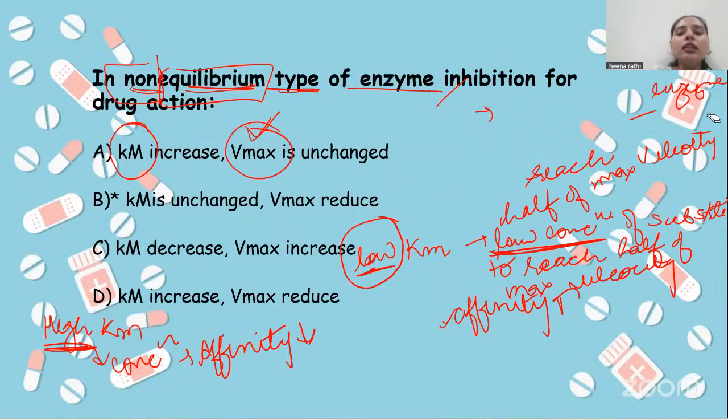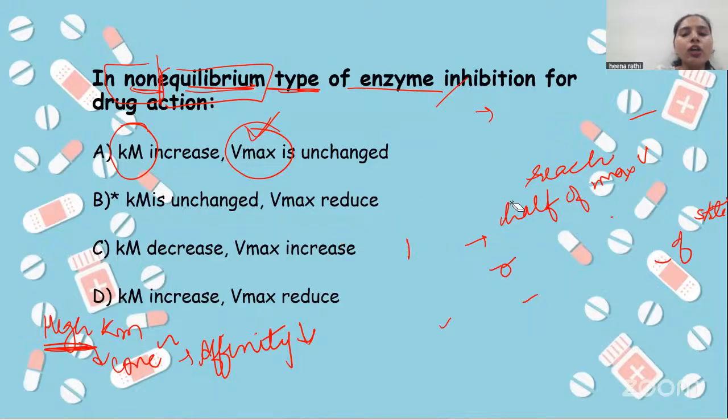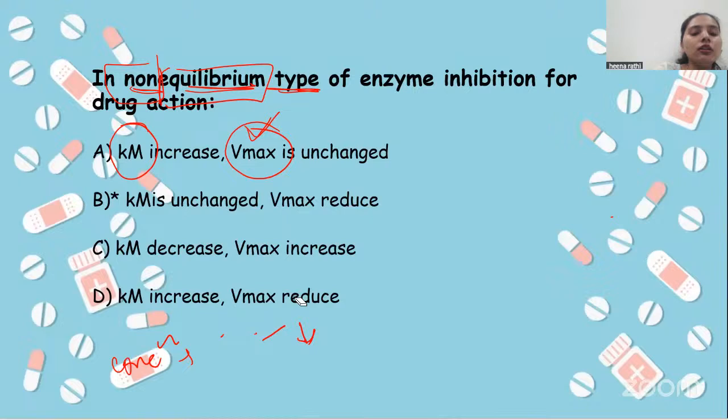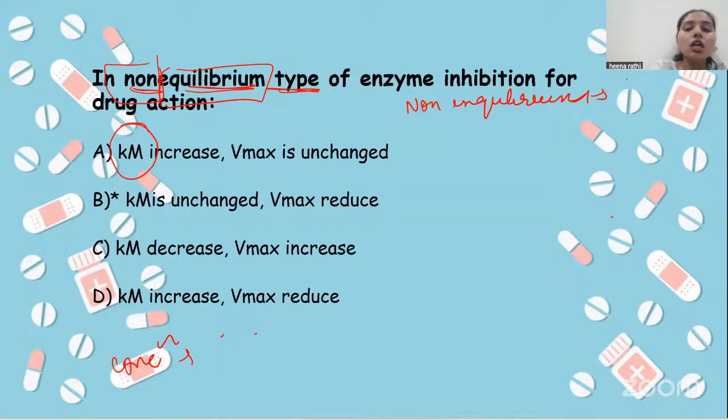When there is the equilibrium type of enzyme inhibition, it can be reversed. It is not bonded with strong covalent bonds. Non-equilibrium means it is bound with an irreversible type of binding, which cannot be reversed.